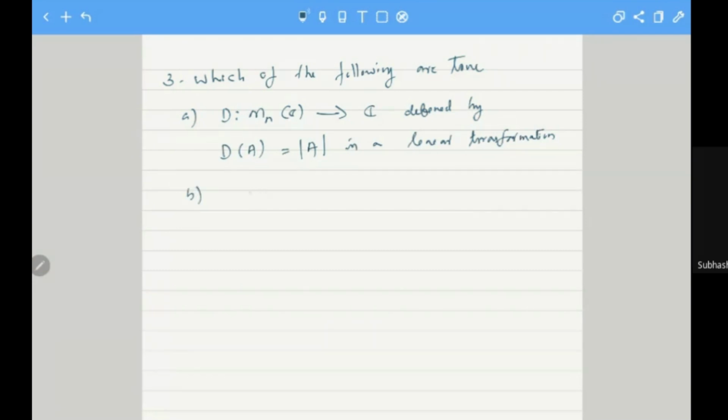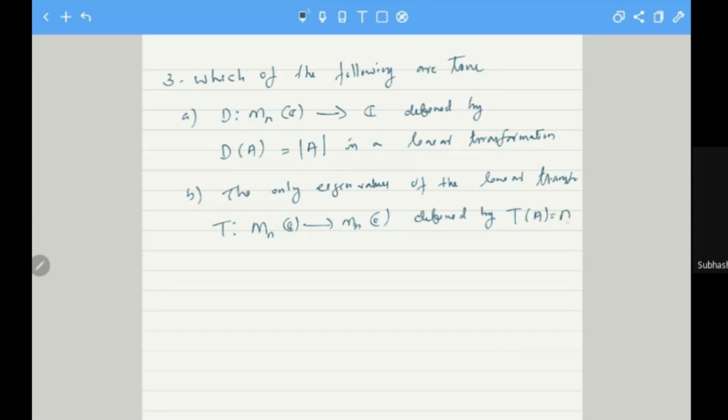B: The only eigenvalues of the linear transformation T from Mn(C) to Mn(C) defined by T of A equal to A transpose are 1 and -1.